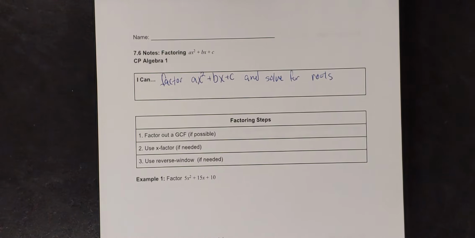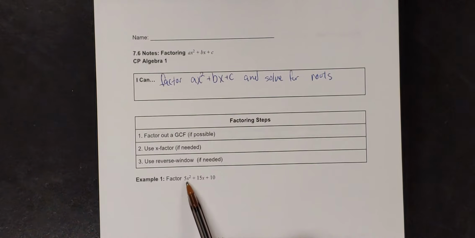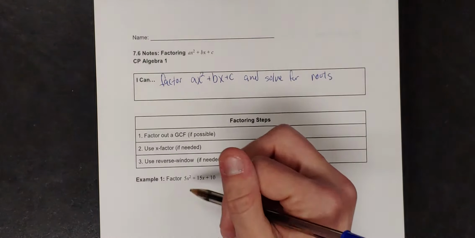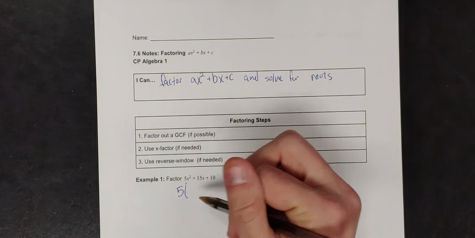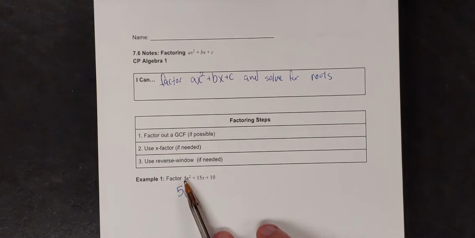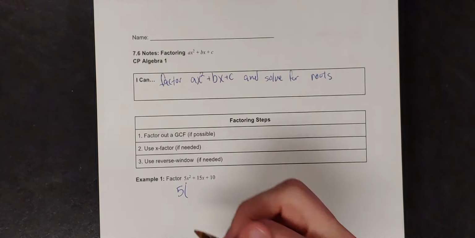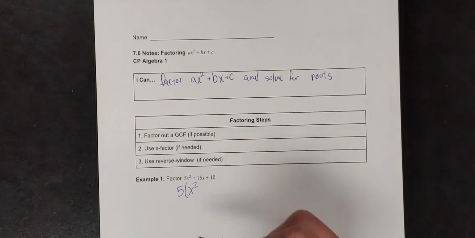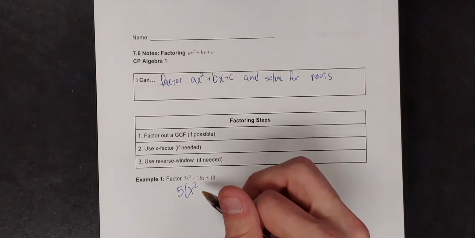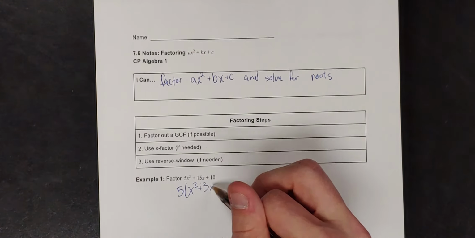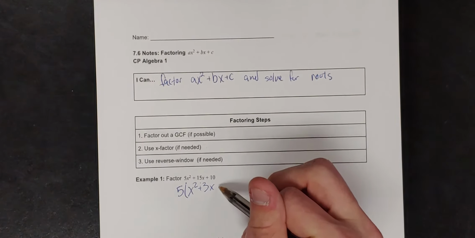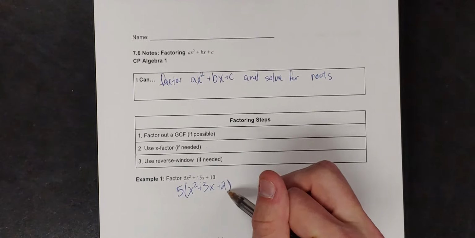So we have 5x squared plus 15x plus 10. I noticed right away that 5, 15, and 10 all have a greatest common factor of 5. When I divide all these terms by 5, I'm left with 1 here, so that's just x squared left over, 3 here, and then I still need my x, and then 2 here.